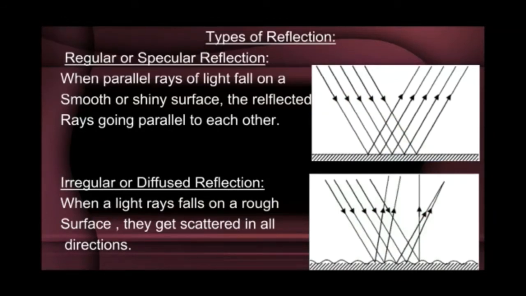Regular or specular reflection. When parallel rays of light fall on a smooth or shiny surface, the reflected rays go parallel to each other.